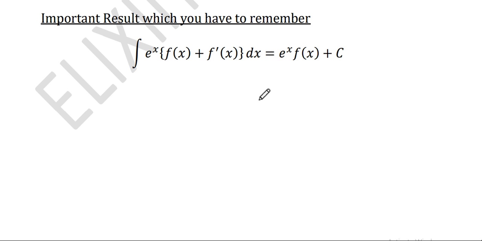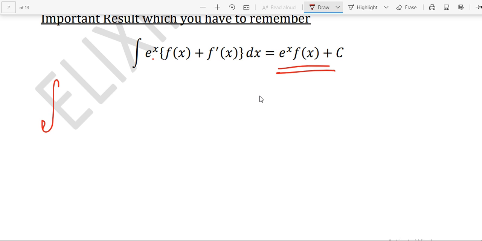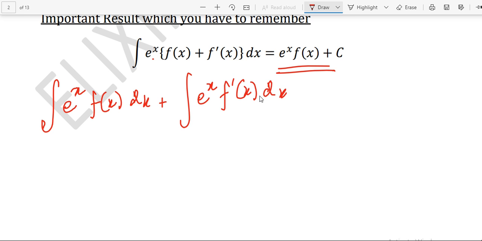Now let us come to an important result which we have to remember in order to solve the problems. Integration of e to the power x multiplied by f(x) plus f prime of x, dx, is simply e to the power x f(x) plus c. Or we can also write it by multiplying e to the power x with f(x) and f prime of x: integration e to the power x f(x) dx plus integration e to the power x f prime of x dx.